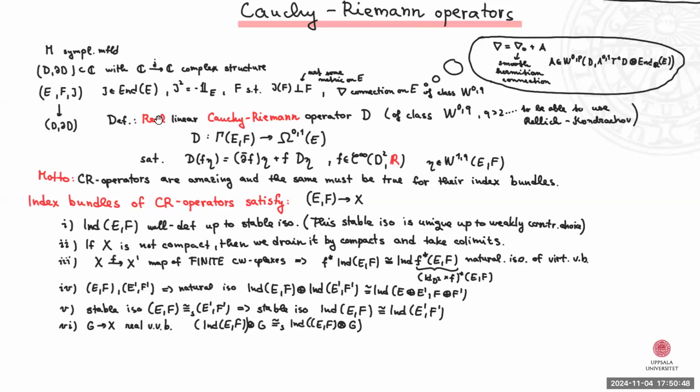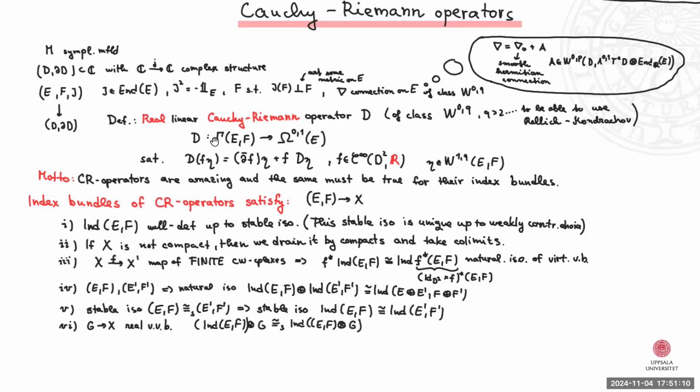And these Cauchy-Riemann operators, they just eat some sections of this bundle pair and spit out some complex antilinear form on this bundle E.